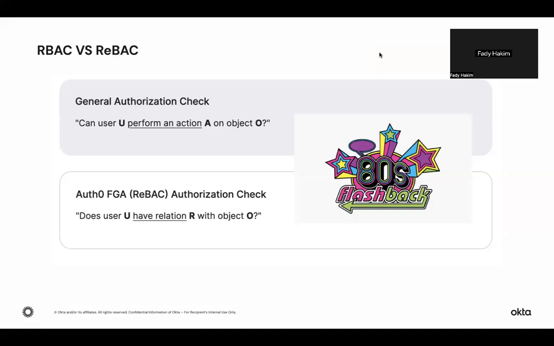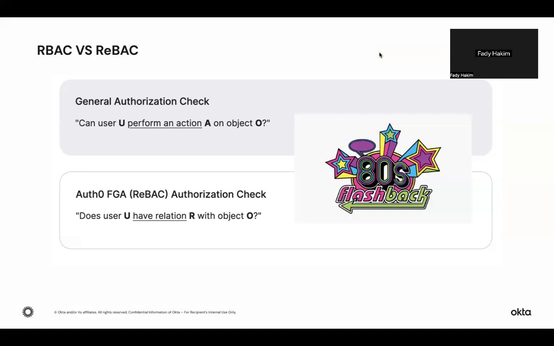As the example we gave during the first session, for the expense report application, your application asks the authorization model, can user Lee do the action approve on expense report one?